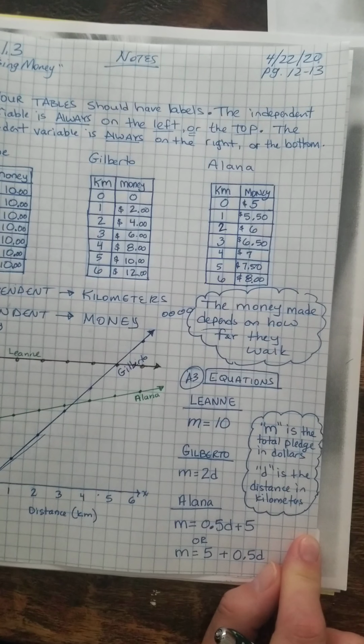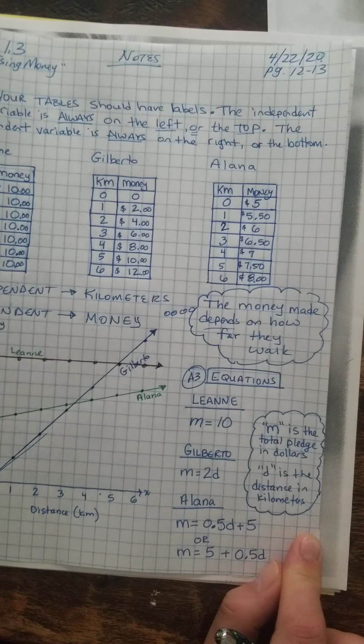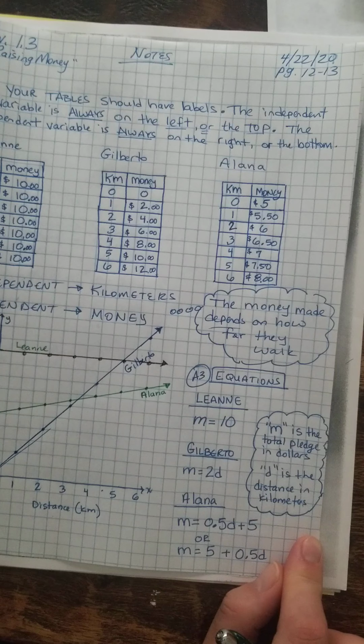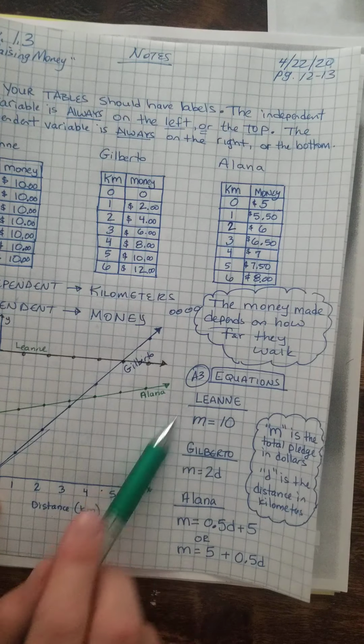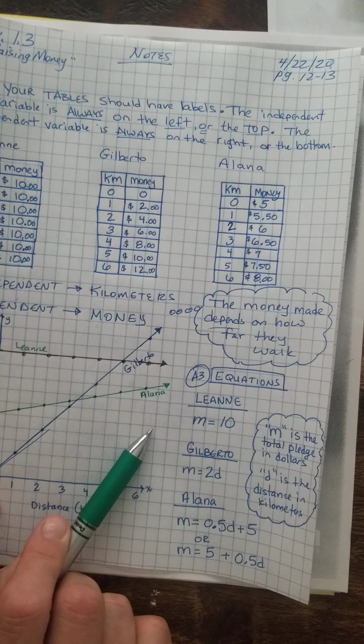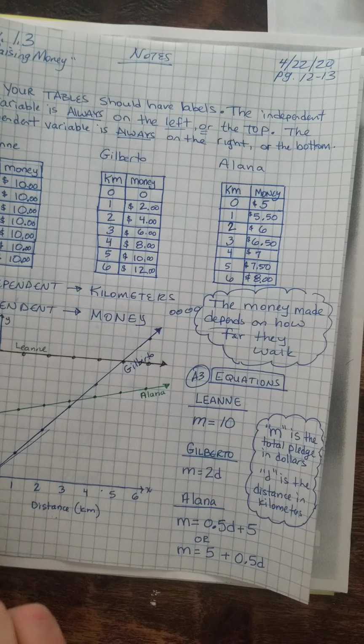You may have chosen a different variable, but basically in all of these equations, you should not have more than 2 variables, and you have to have numbers in there because the goal is to use the equation to plug in and solve for either kilometers or money.